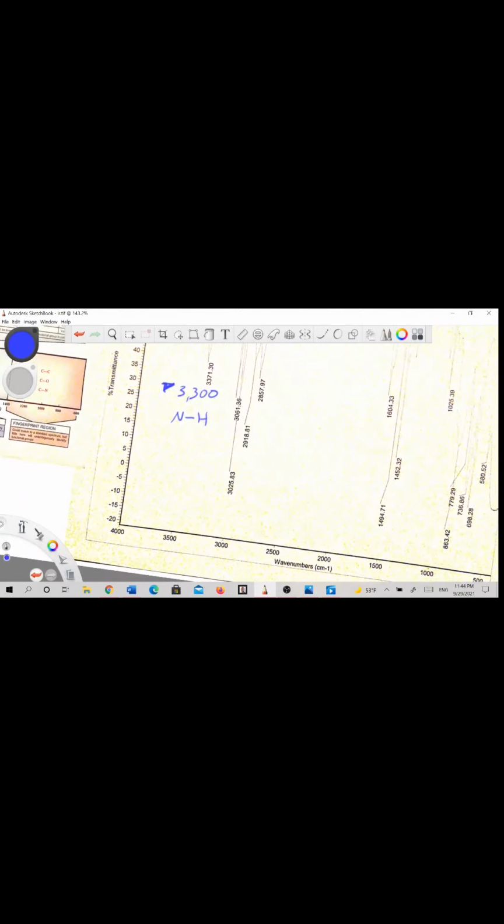Moving on, we also have a lot of peaks just above 3,000 and also below 3,000.